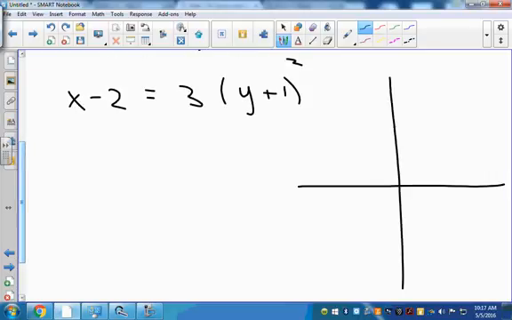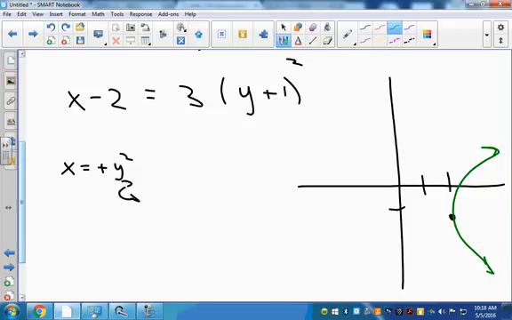The vertex for this one is at 2, negative 1, right? Because this is minus h and minus k. So 2 and negative 1. There's our vertex. And now correctly decide whether you're going up or down, right or left. I noticed that this is a positive 3, so this is like x is equal to a positive y squared, which opens to the right. So our generalized sketch is looking like that.